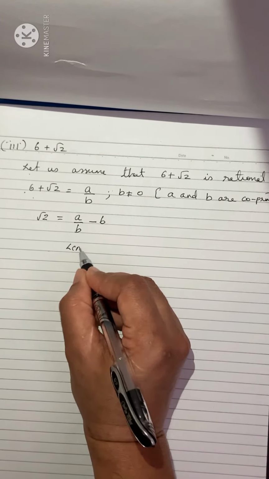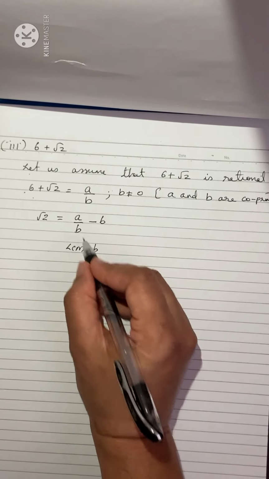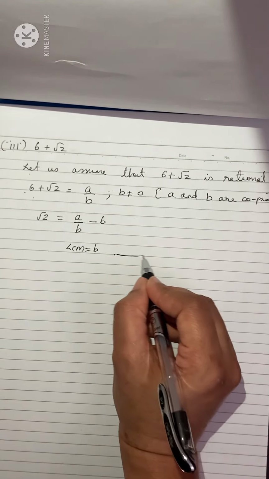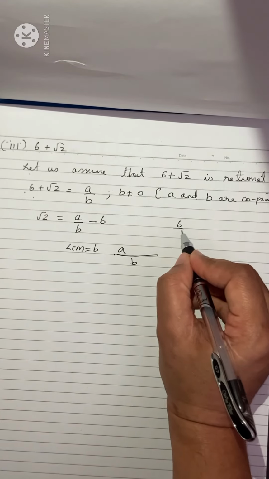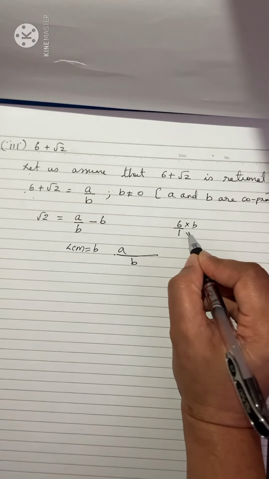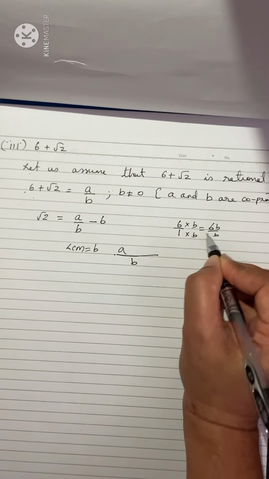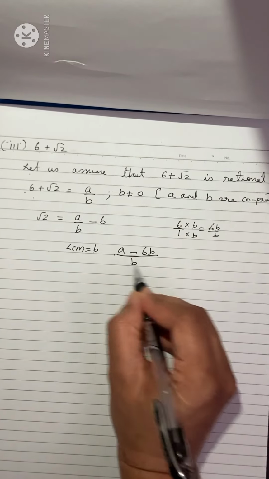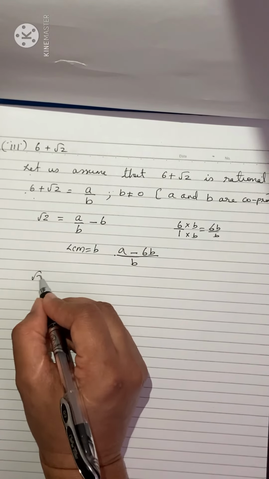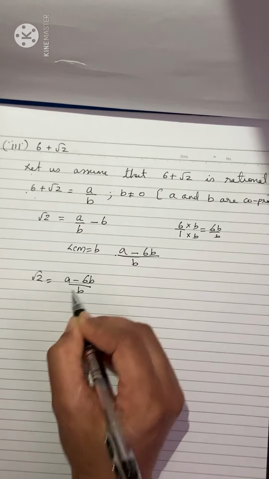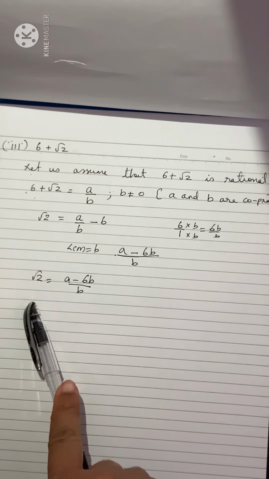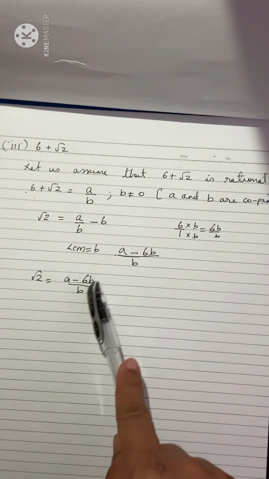Here LCM is B. Therefore, 6 by 1 becomes 6 into B, which is 6B by B. So A by B minus 6B by B. Therefore, root 2 equals A minus 6B by B.